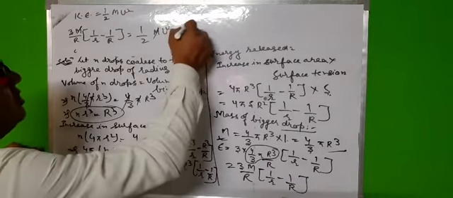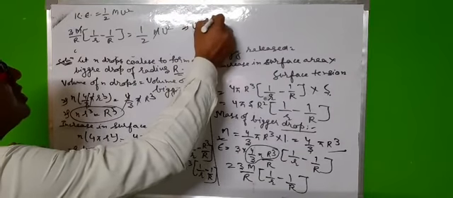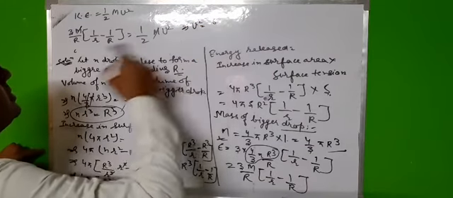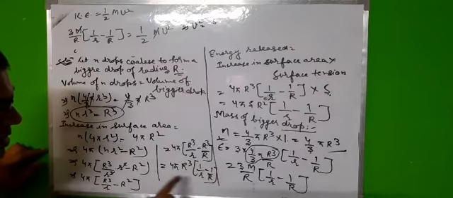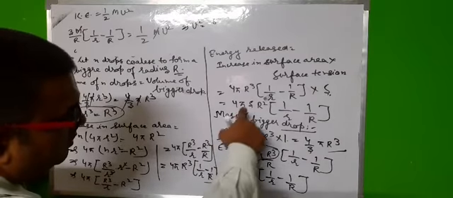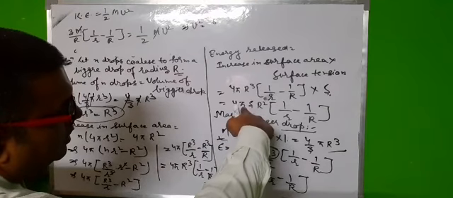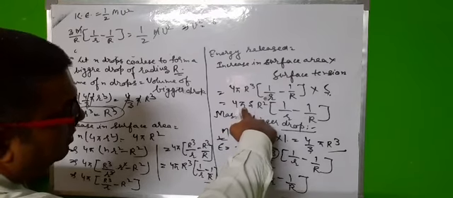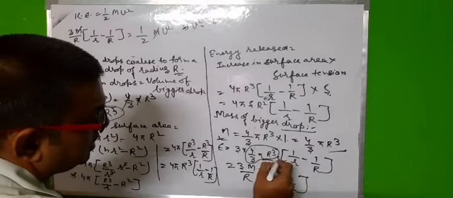v square is equal to 6, one thing is missing, I think, the energy released is 4 by 3 S, S is missing here.